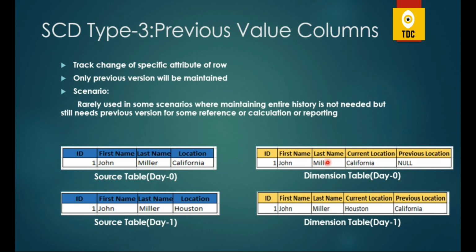So this table will grow horizontally, which is not a good data model. That is the reason SCD type 3 is not so frequently used unless there is a strong reason for it. The important thing to notice is that the previous value will be there, which is why we call it previous value columns.